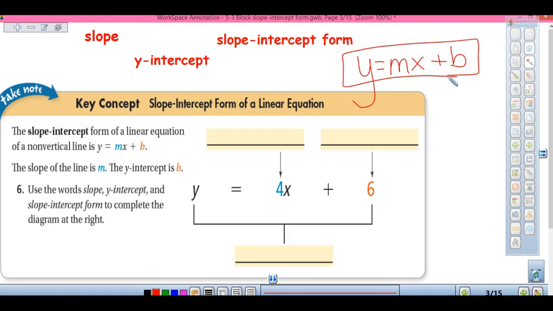You will have a number for m, because that's your slope, and you will have a number for b, because that is your y-intercept.